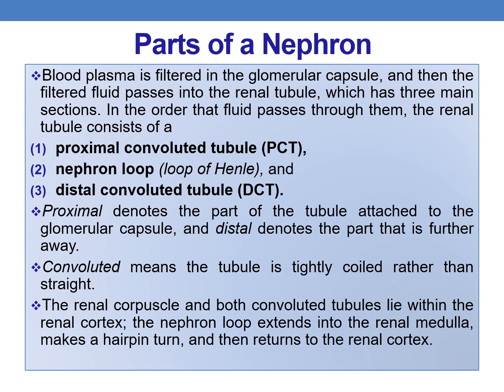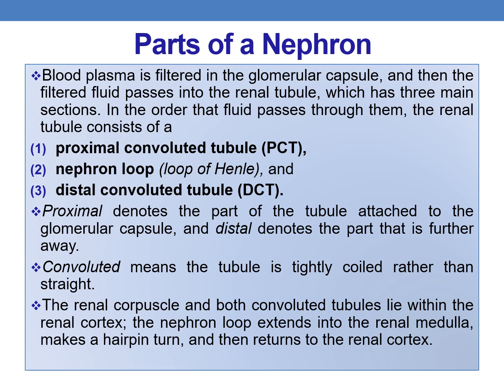which has three main sections. In the order that fluid passes through them, the renal tubule consists of the proximal convoluted tubule, nephron loop or loop of Henle, and distal convoluted tubule. The proximal denotes the part of the tubule attached to the glomerular capsule and distal denotes parts that are further away.